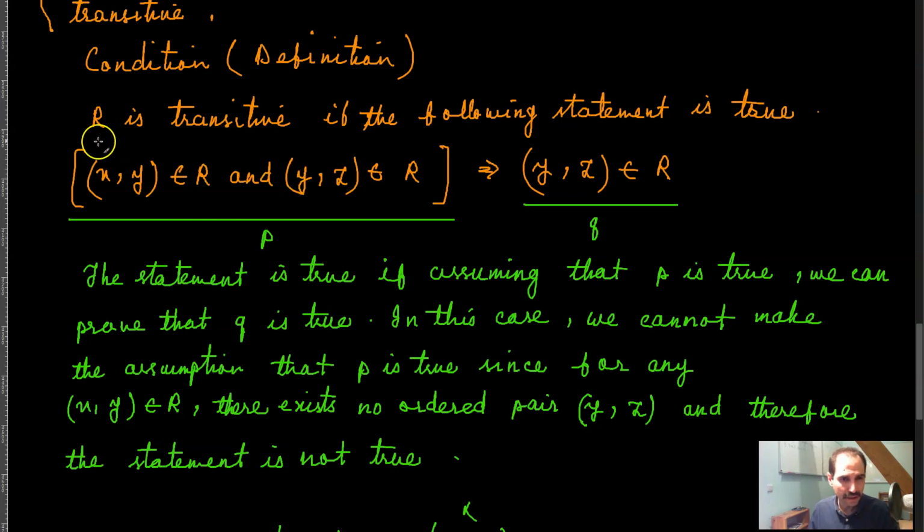So I cannot assume that the hypothesis is actually true. Then I cannot prove this statement at all, which means that the statement is simply not true. So that simply means that R is not transitive.